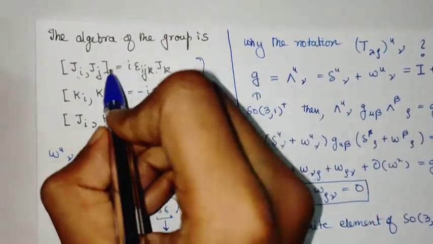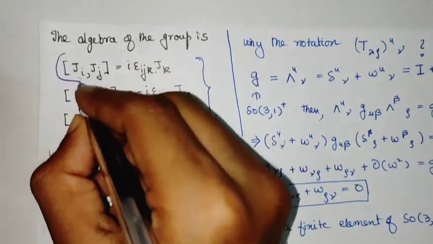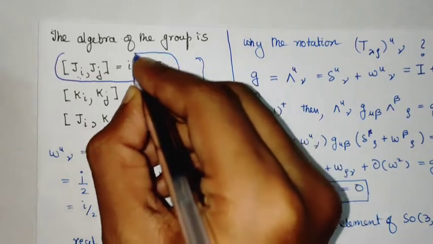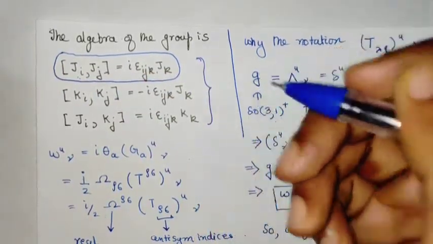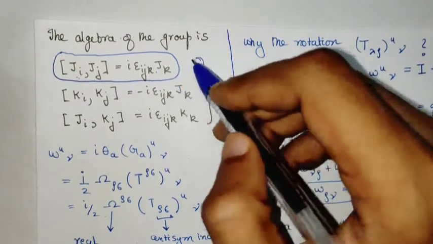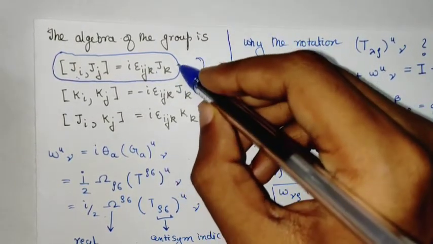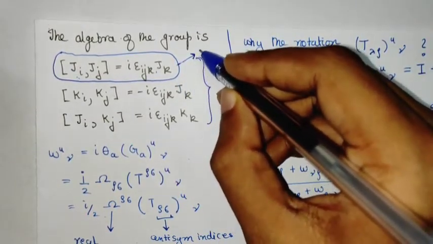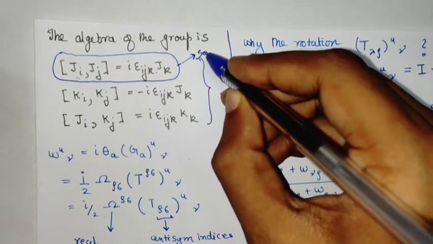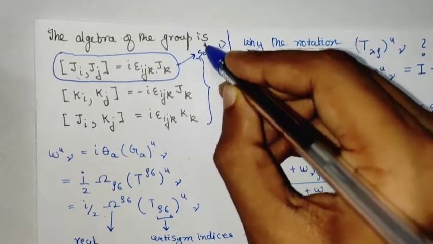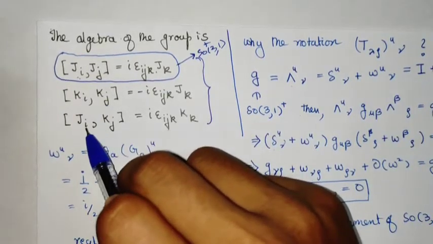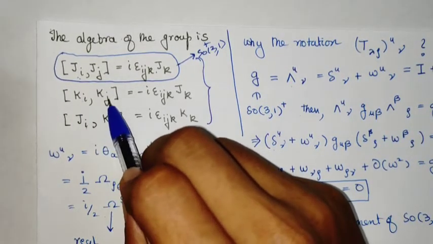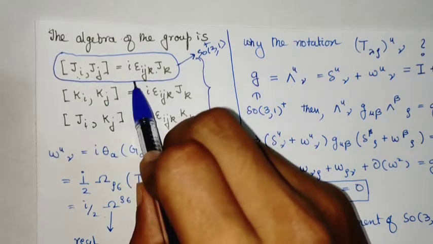How we can see that is that if we look at this particular algebra, this is the SO(3) algebra, and it is contained within this SO(3,1)+. But you also have the boost, but the boost algebra is not self-contained.